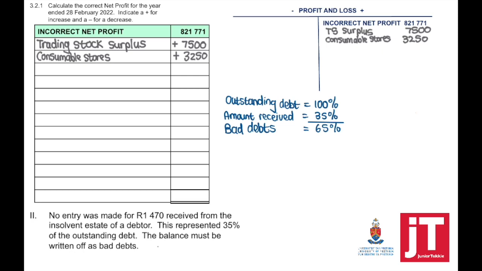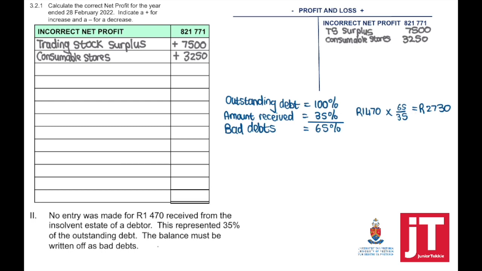If your bank has a favorable bank balance, it will form part of your cash and cash equivalents, and that's the section that we needed to complete in the last question. Debtors control forms part of your trade and other receivables. Keep that in mind. To find out the amount that should be written off as bad debts, we need to take the amount received times 65 divided by 35. That is the amount which should be written off. Be careful with this calculation.